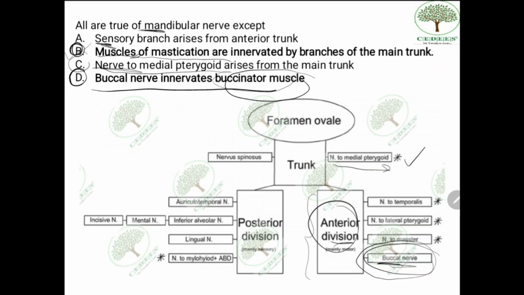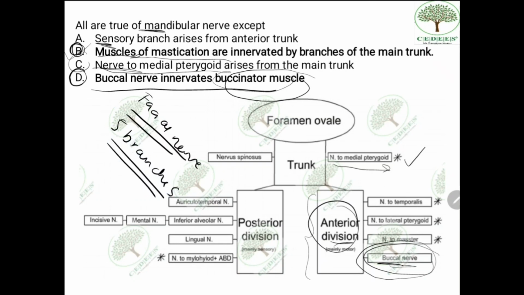The buccal branch of the facial nerve is going to innervate buccinator. You all know the buccinator is supplied by the facial nerve. The facial nerve also has 5 terminal branches. Among those, there's one branch, the buccal branch. That buccal branch of the facial nerve is going to be supplying the buccinator, not the buccal branch of the mandibular nerve.